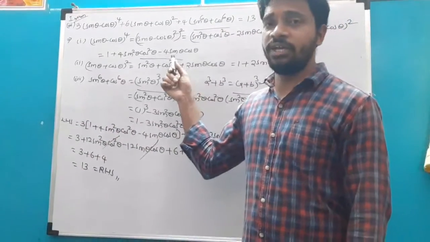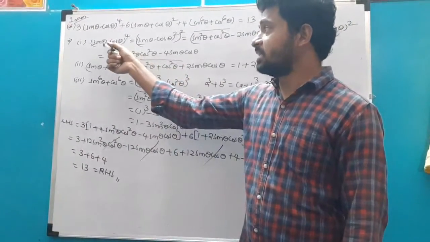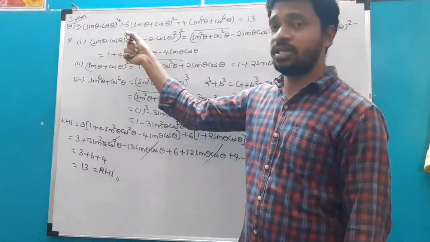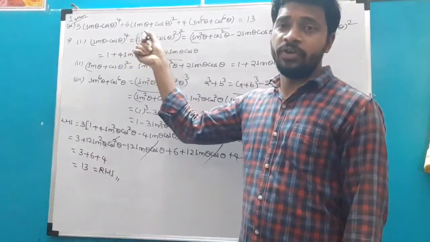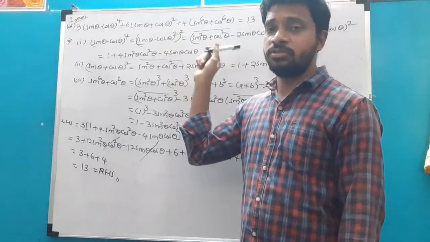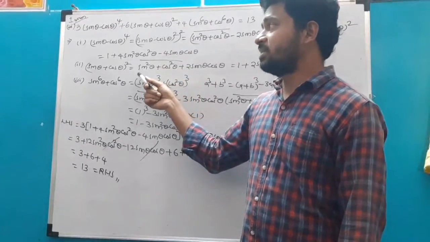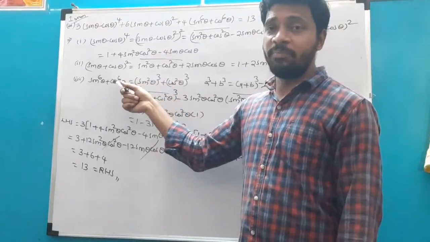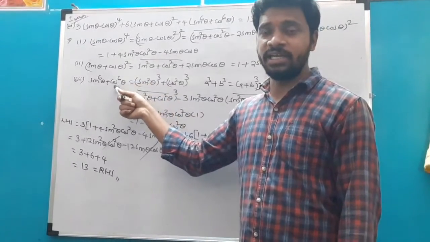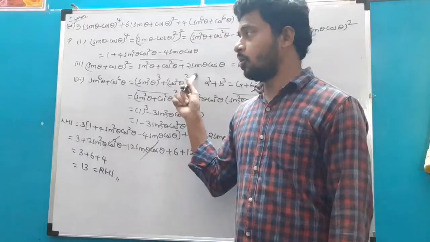So first, finding the individual values here. That is (sin theta minus cos theta) whole to the power of 4, and we know (a minus b) whole square, so applying the square 2 times and finding the value. Next, this is the direct expansion: (a plus b) whole square, that is (sin theta plus cos theta) whole square.